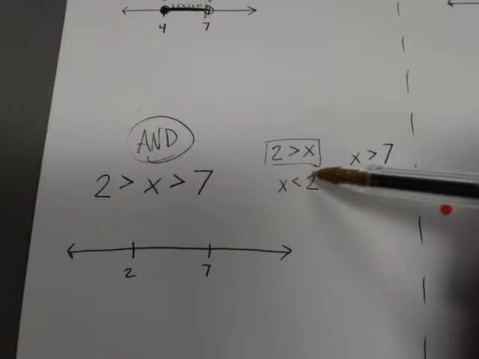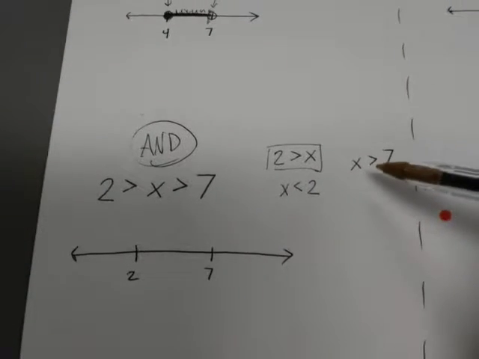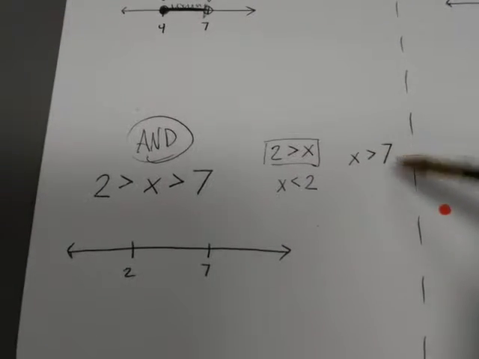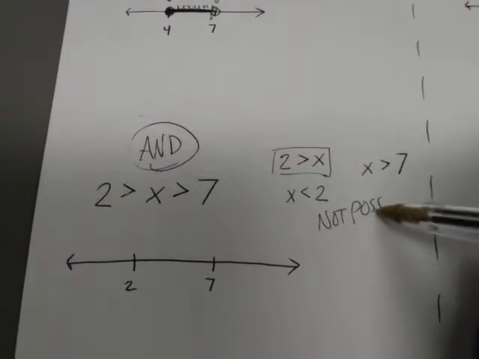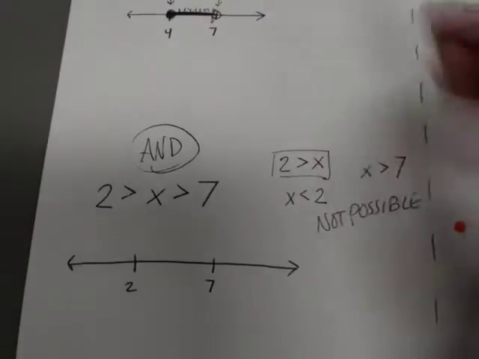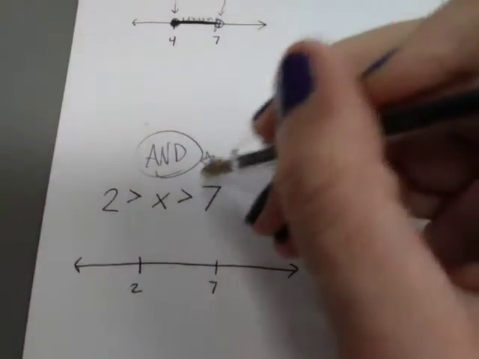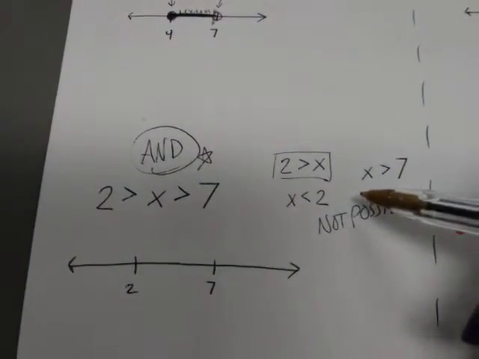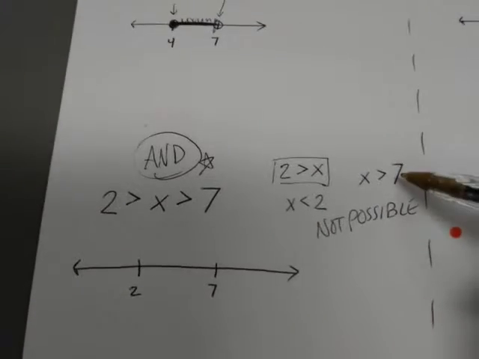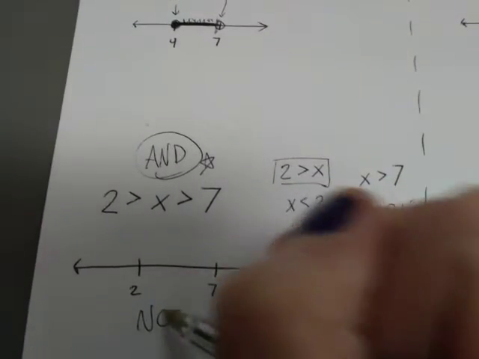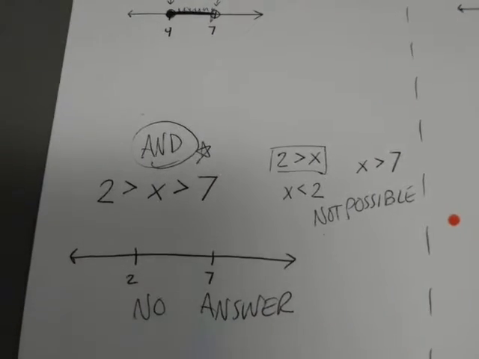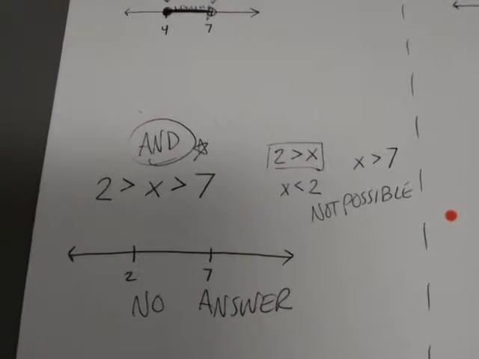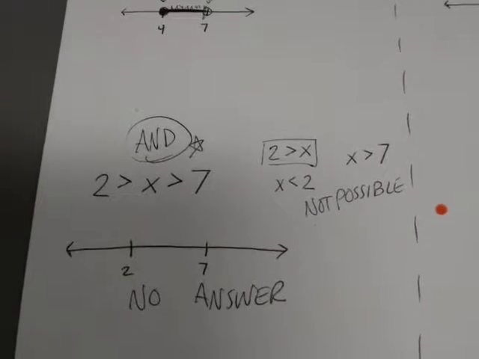I want x values that are smaller than 2, as well as x values that are greater than 7. This is not possible if this is an and inequality, which it is. I cannot have numbers that are simultaneously smaller than 2 as well as greater than 7, meaning we have no answer. So on my number line, I'm not going to show anything because there is no such number that fits both of these things at the same time.